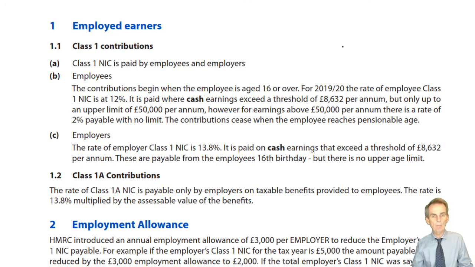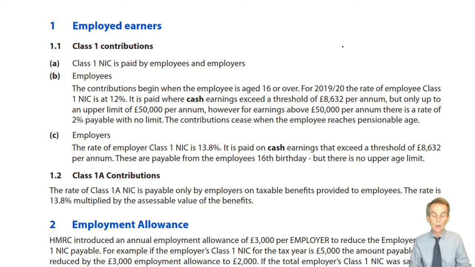Now, in relation to employment income, what we're going to discover is that there are two amounts of national insurance contributions that are payable. One, as you may have guessed from what I've said already, payable by the employee. Class 1, as it's known, employee NICs, national insurance contributions, NICs as we'll refer to them from now on.